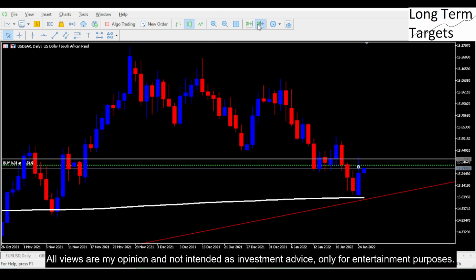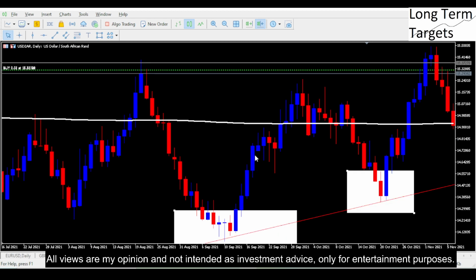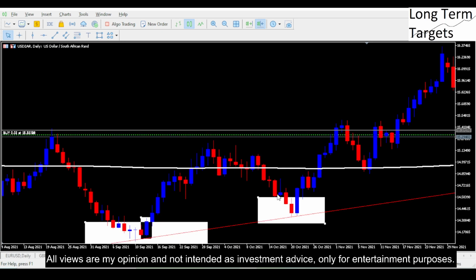So if I can just go back a little bit, I can show you what I'm talking about. So if I'm looking at this zone, I can see, grab my tool, I can see that this is an engulfing candle. So it's bigger than the previous red candle that is basically taking it out. And if I'm looking over here, it's the same thing. So I can just get my highlighting tool.